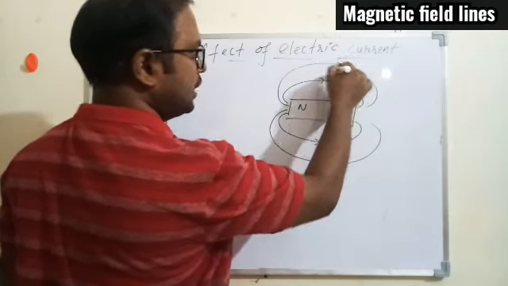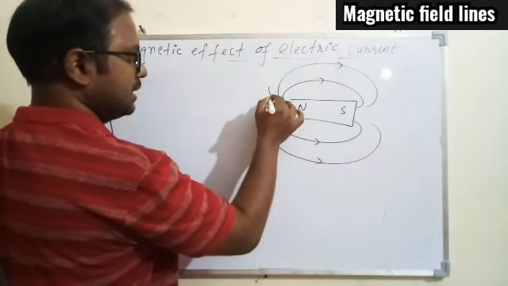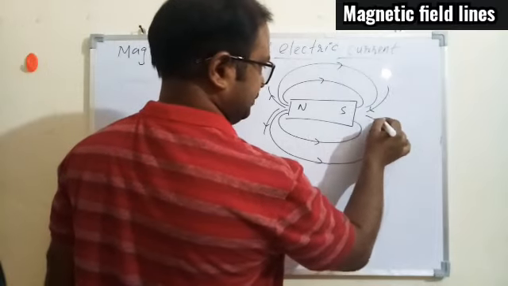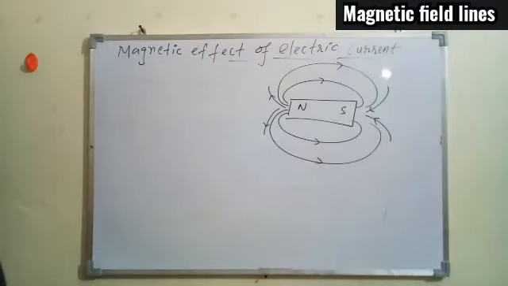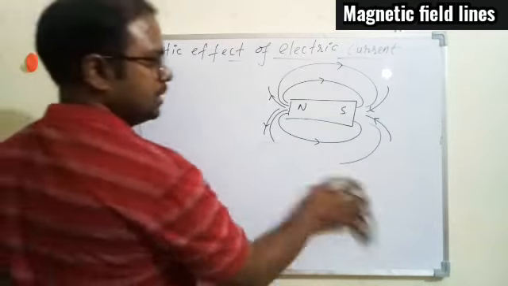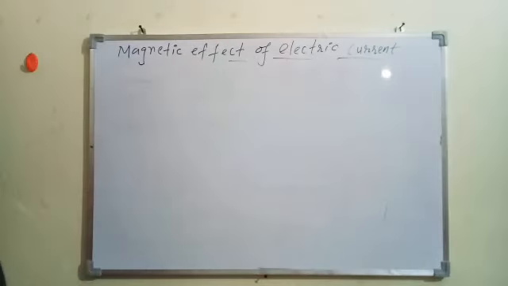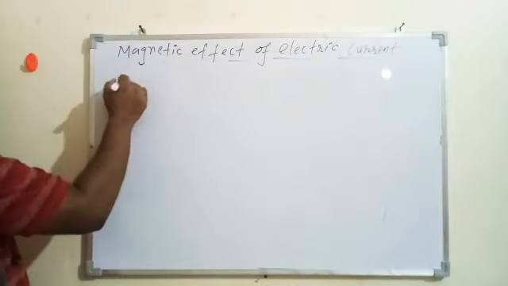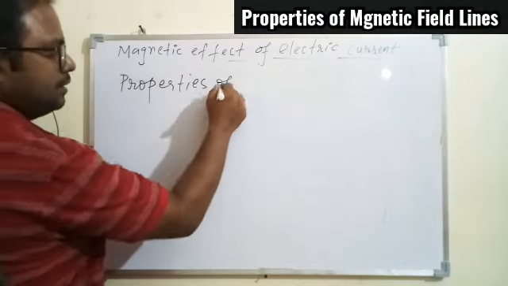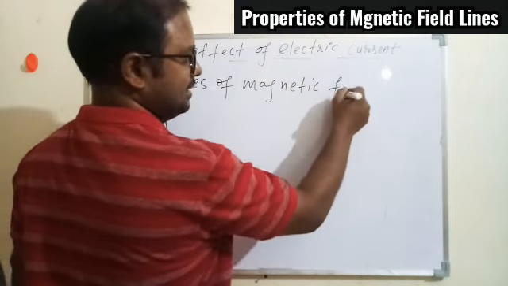We cannot draw all the lines, but in general the magnetic field lines pattern will be something like this. Okay, so this you should remember, and for any type of magnet, a different magnetic field lines pattern will be there. So let's talk about properties of magnetic field lines.